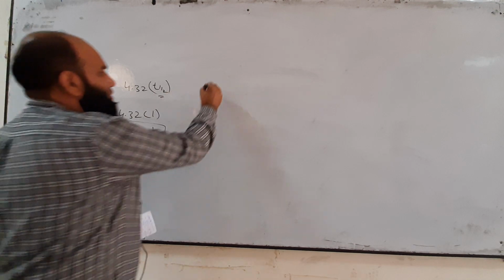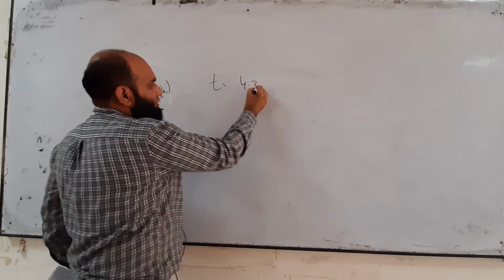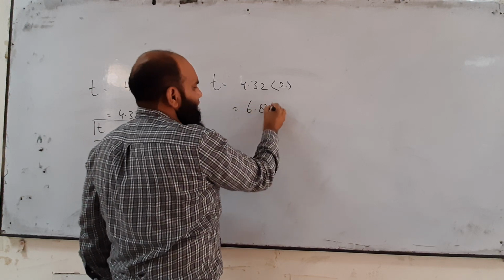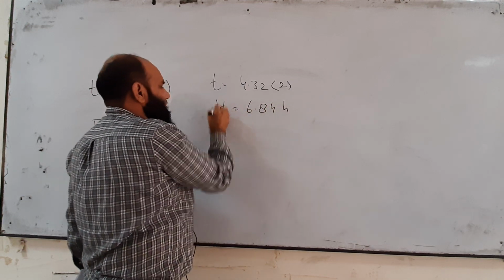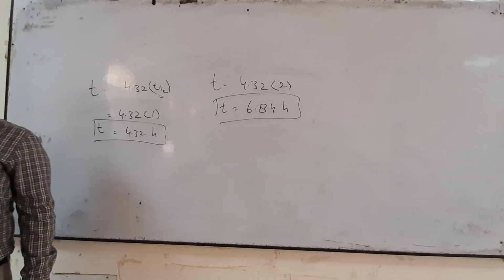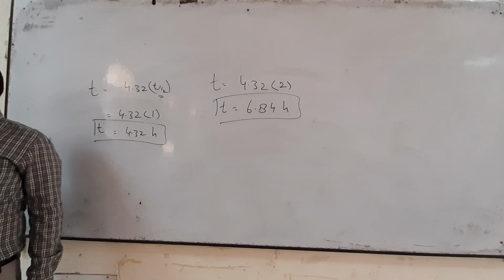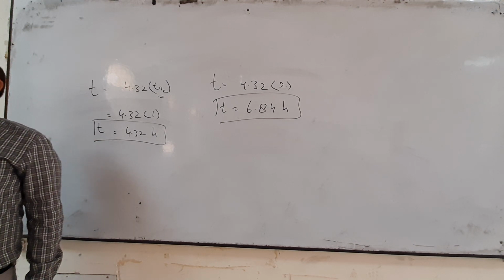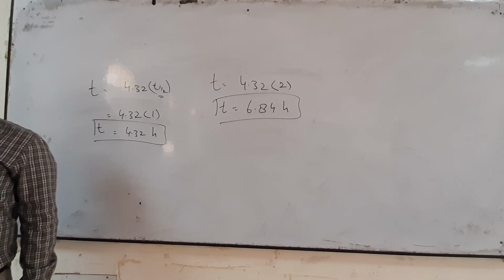Our answer will be time needed 4.32 into 2, that is 6.84 hours. Meaning, if we want to check the pharmacokinetic parameter of a single drug, after giving a single dose, then we will check first its half-life.